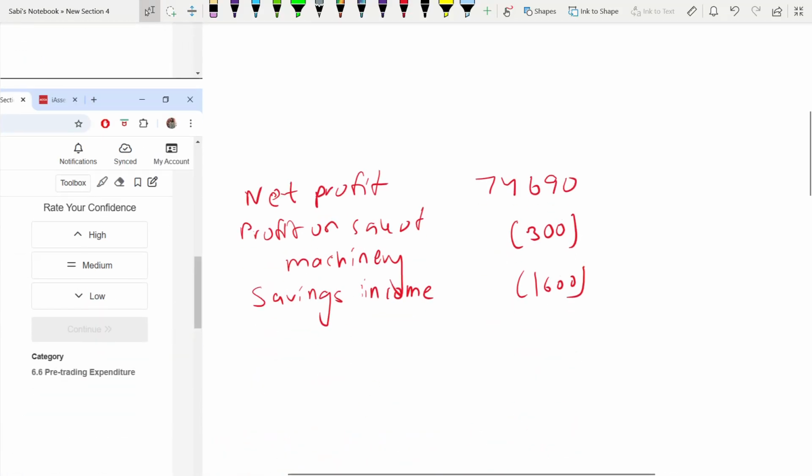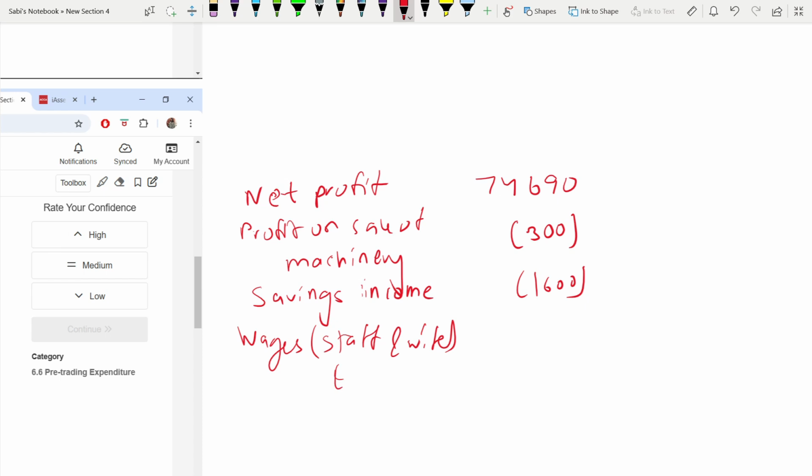So how are you going to show it? Write wages, staff and wife. Remember, for what you do not need adjustment, it is a reasonable amount. The one which you are giving to the other staff, the same you are giving to the wife. So the reasonable amount is allowable. That means no adjustment required. So you will show 0.